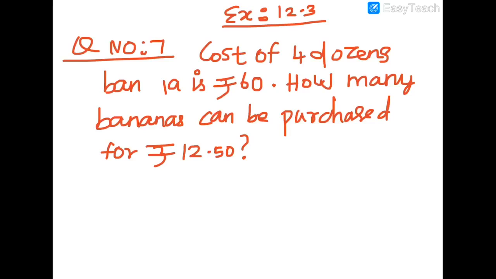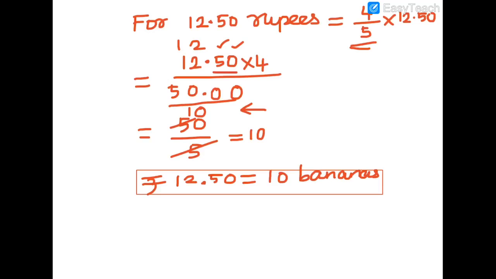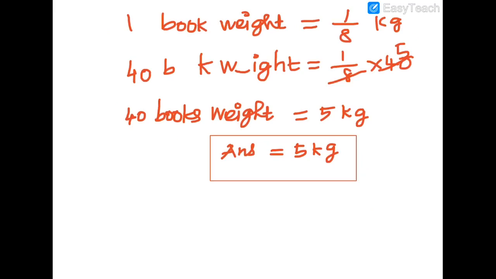You find the unitary method and then the required number. Convert dozens into 48, then cancel it, then we find the ratio. If we multiply with our value, we get 10 bananas. Same way, another topic is book weight: how to calculate one book's weight and then 40 books' weight. These are important topics.